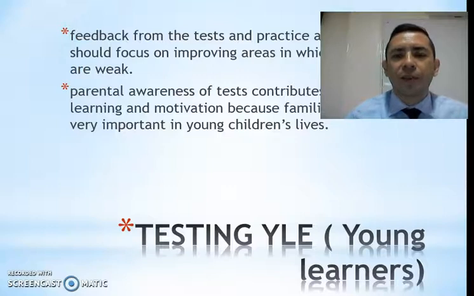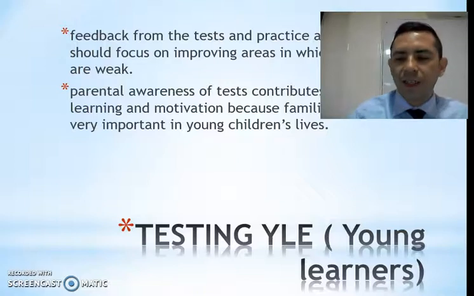Therefore, when you're testing children, you need to remember that feedback from the test and practice activities should focus on improving areas in which they are weak. They need to see the purpose of what you're doing while you're testing them. Also, parents need to be involved in the test process because motivation from family is really important.